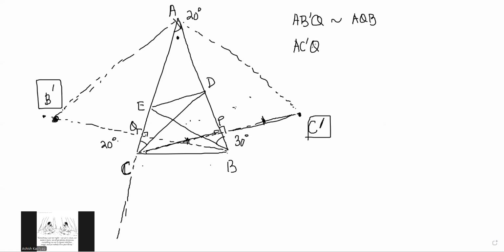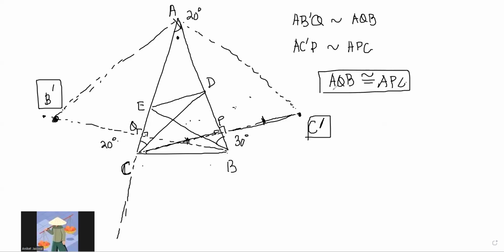AC dash P is similar to APC, right? And we have AQB is congruent to APC. Sir, APC or ACP? AQB is congruent to the APC above.